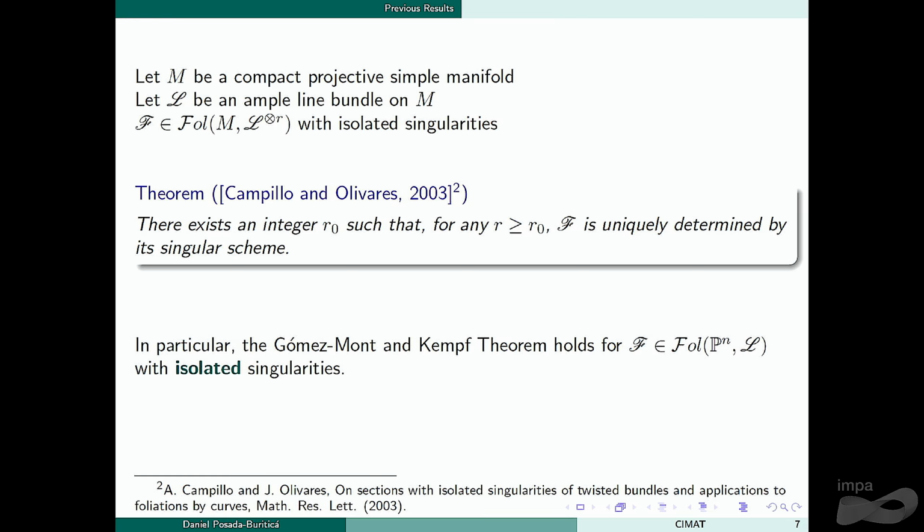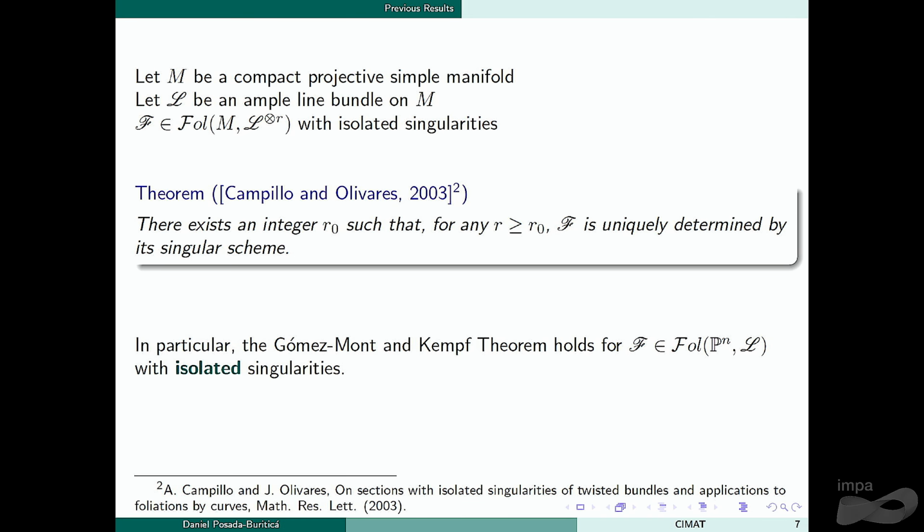Then there exists an integer such that for any integer greater than or equal to this, the foliations are uniquely determined by their singular scheme. In particular, the Gomez-Mont and Kempf theorem holds just for isolated singularities, so the reduced hypothesis was not necessary.